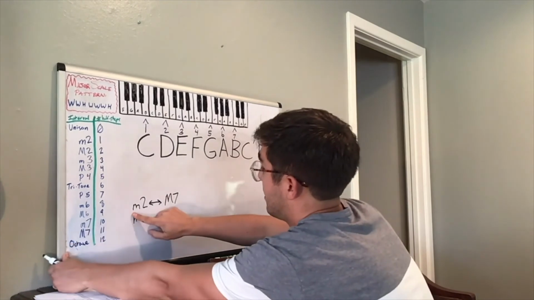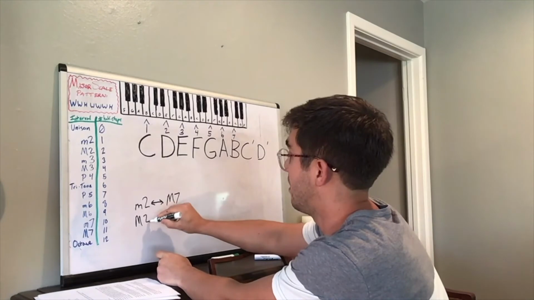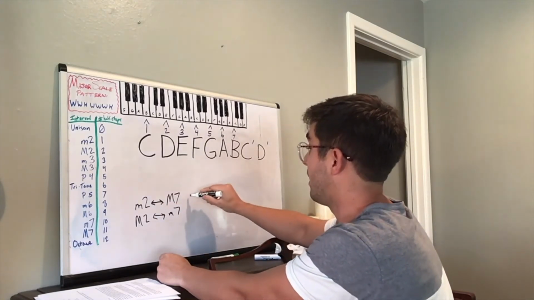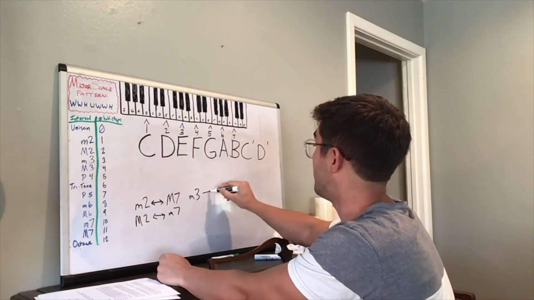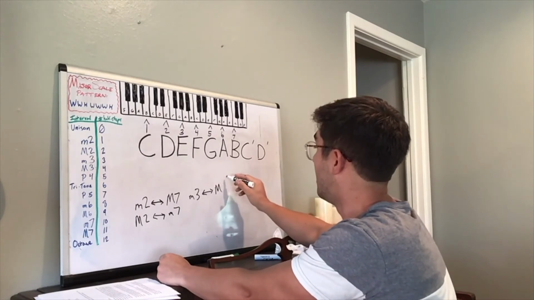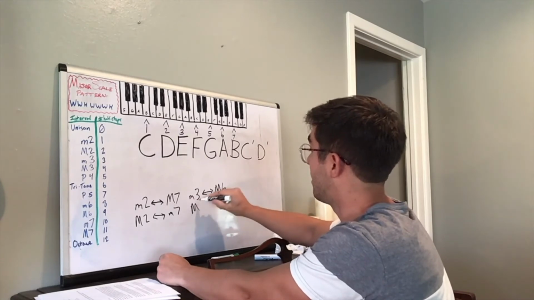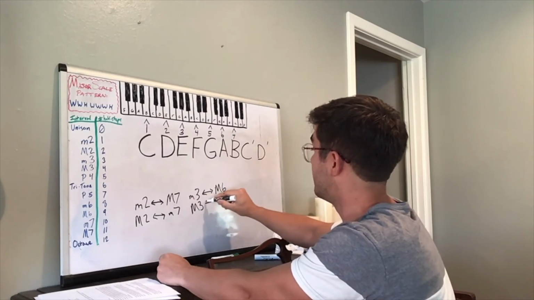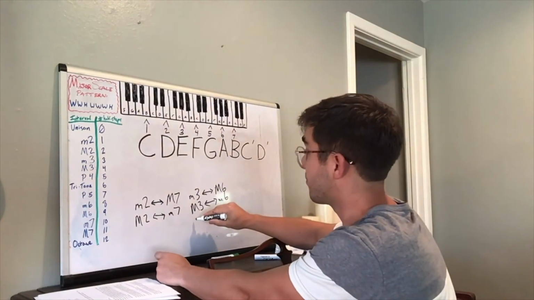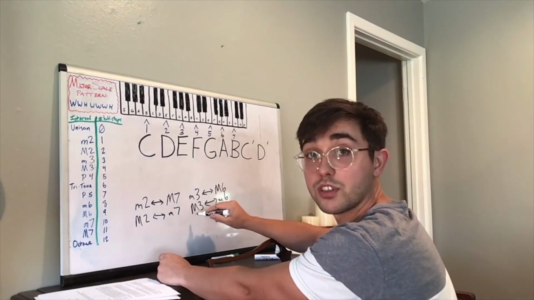Major seconds would be inverted to minor sevenths, and then minor thirds would be inverted to major sixths, and then a major third is inverted to a minor sixth, and whenever we get to the perfect intervals, perfect always inverts to perfect.